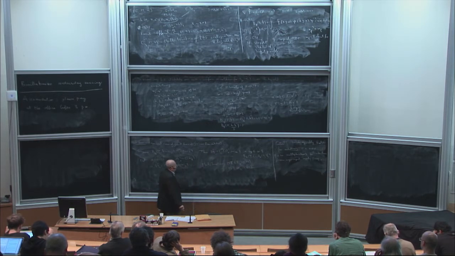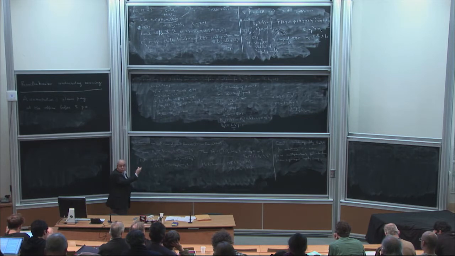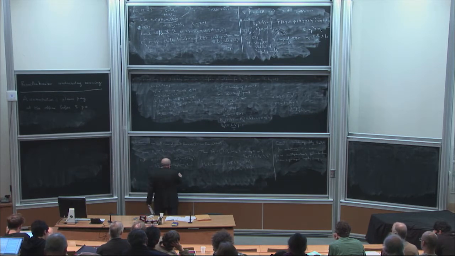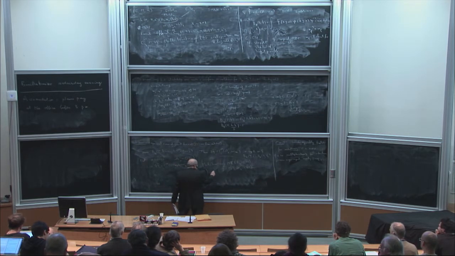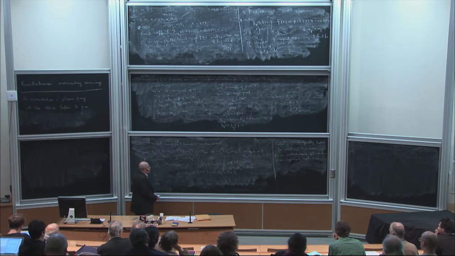And now, if I take my representations and twist them by highly ramified characters, I still have the equality. Then the Mellin transform is going to be equal to the Mellin transform, where the integration is over the big cell. We have a function of compact support.